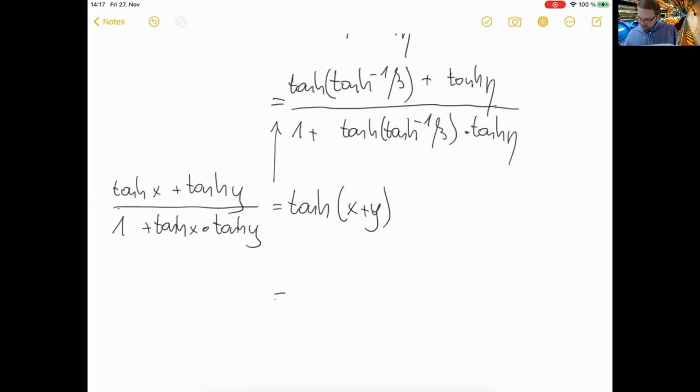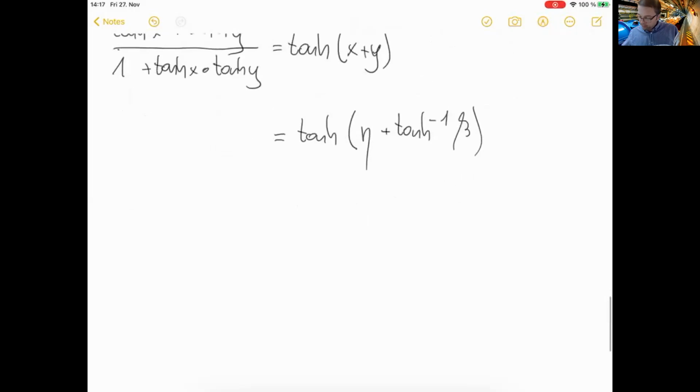And this becomes, therefore, tangent hyperbolicus of eta plus tangent hyperbolicus inverse of beta. And therefore, eta prime is eta plus tangent hyperbolicus inverse of beta.